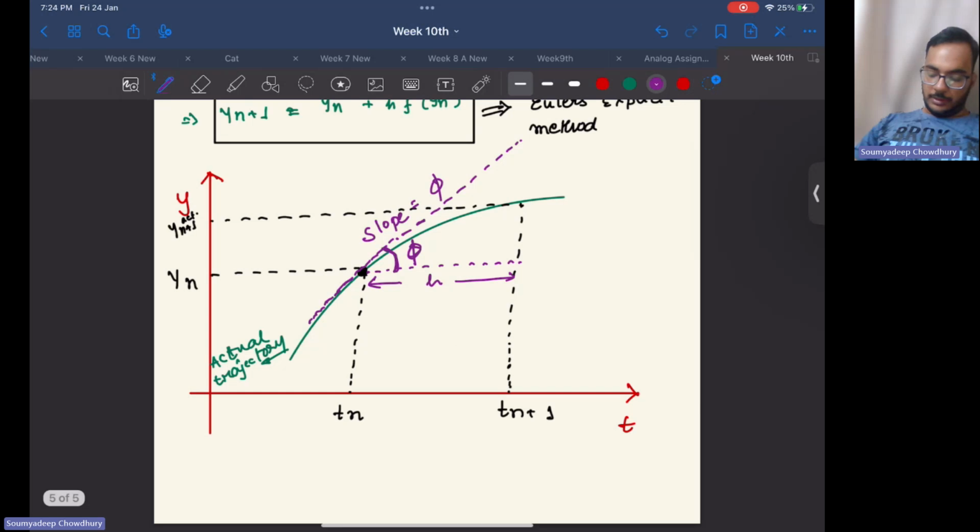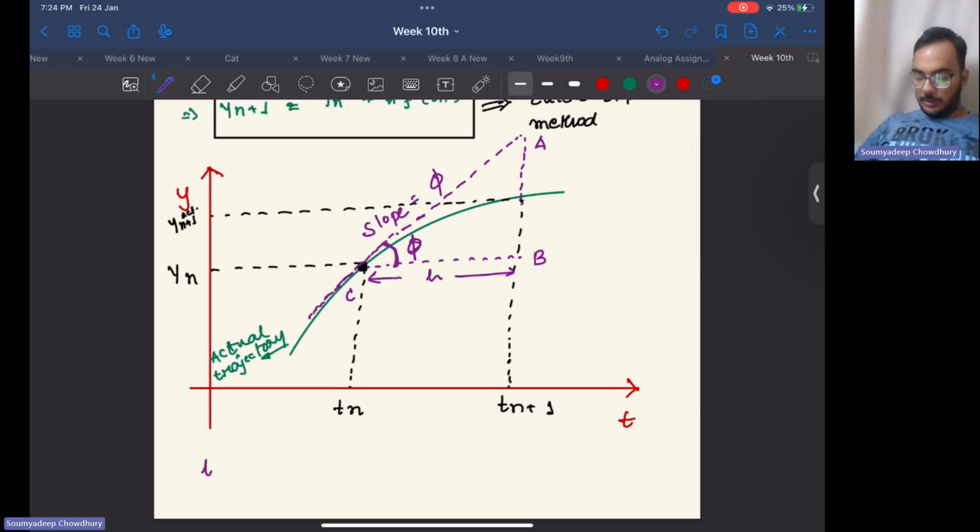Now, in this right angle triangle ABC, what is the slope here? Tan phi is equal to AB by BC, right? So what is AB now? AB is BC into tan phi. BC is h. Tan phi means the slope, right? Slope is f of yn.